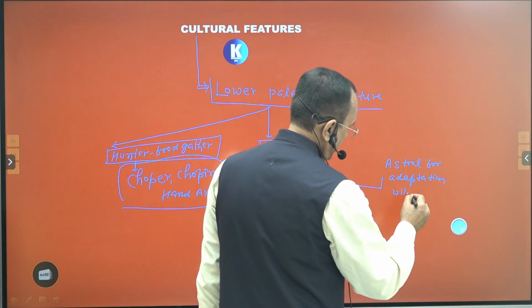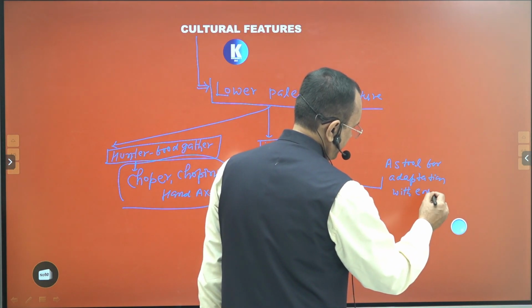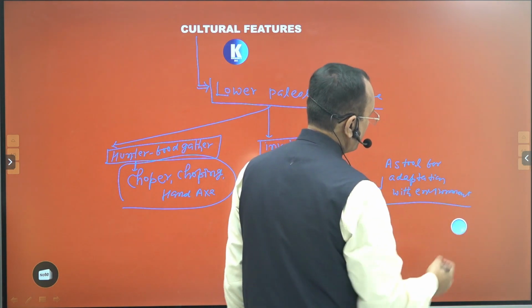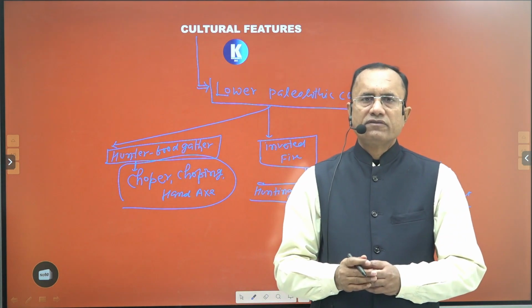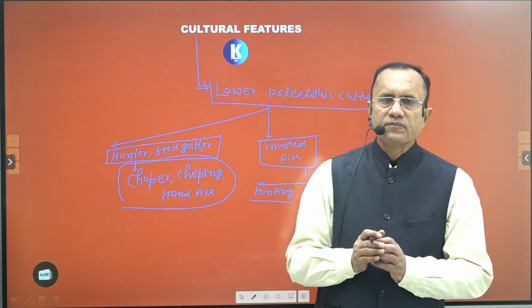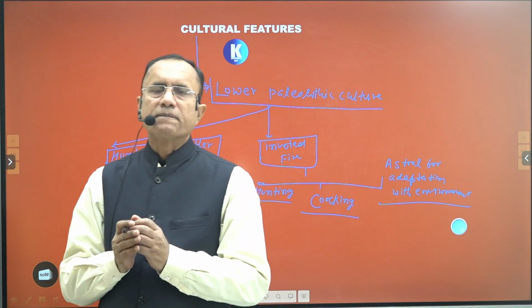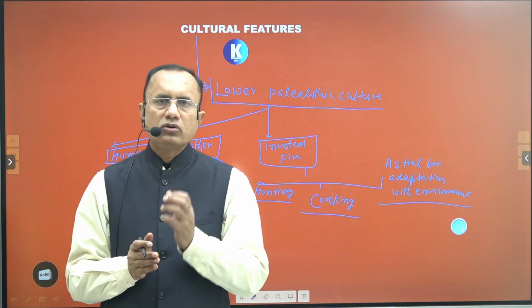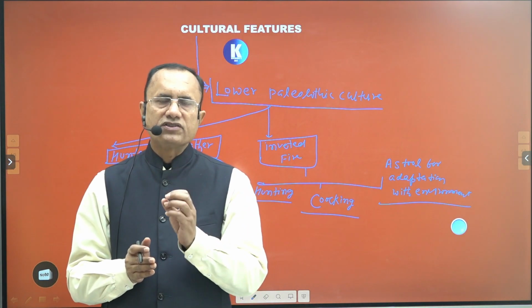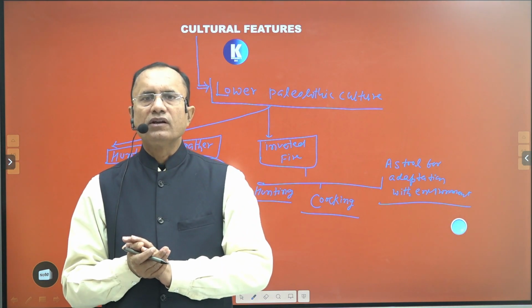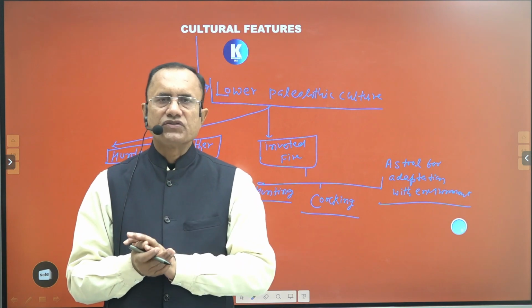with environment, right? This is important here because Homo erectus was first important fossil man who lived in Asia, Africa and Europe. Before that, we got the evidence about the fossils related to Australopithecus and Homo habilis.